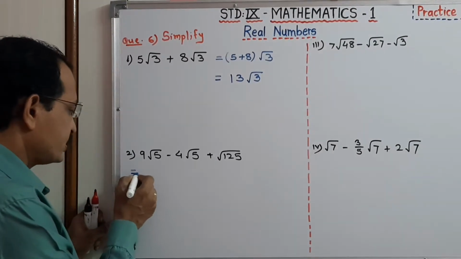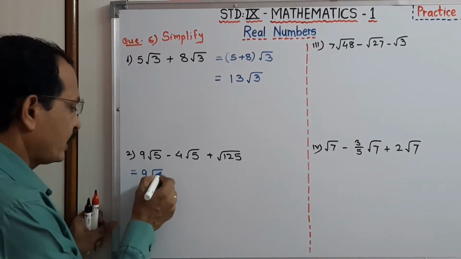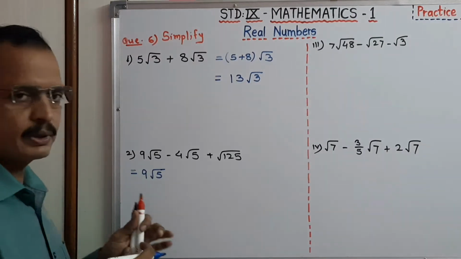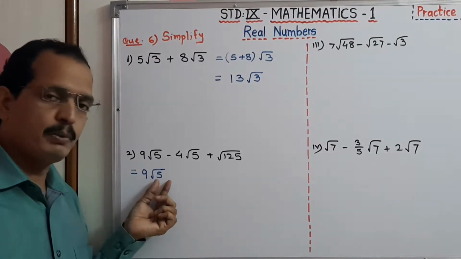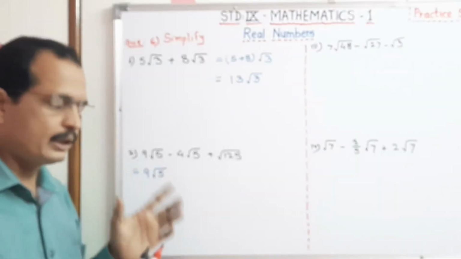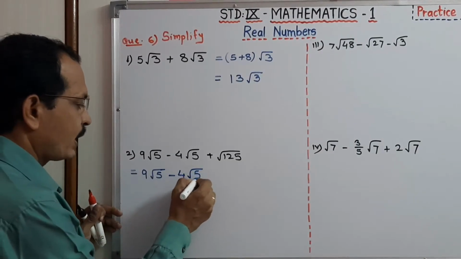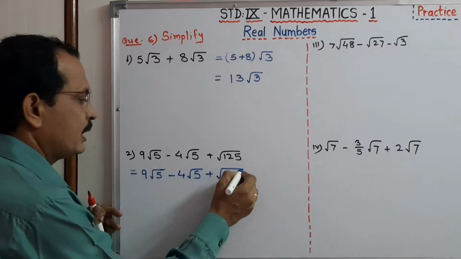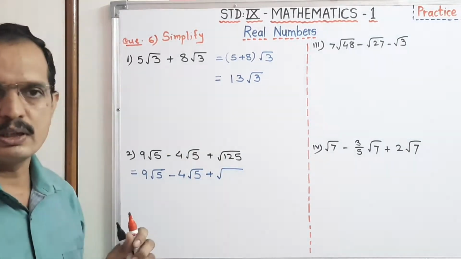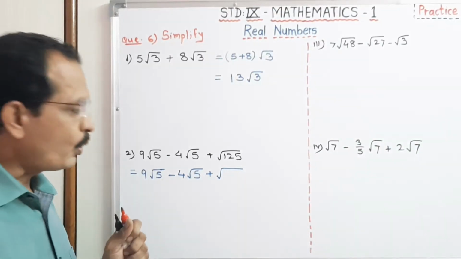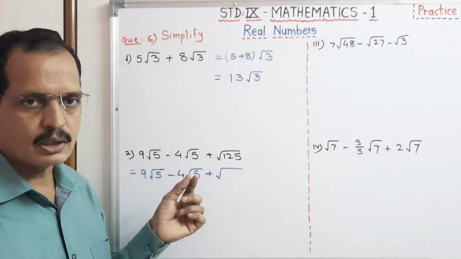Now see here, first we write 9 root 5, because 5 is a prime number, we can't factorize it, therefore it is left as it is. Minus, the same here, 4 root 5. And can anyone tell me the factors of 125? For that purpose we have to consider the order.